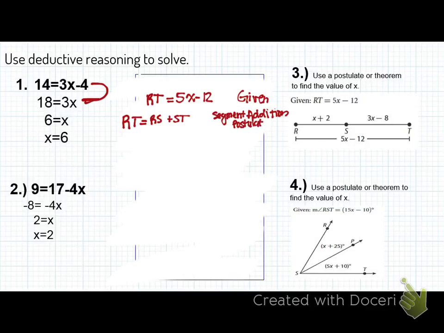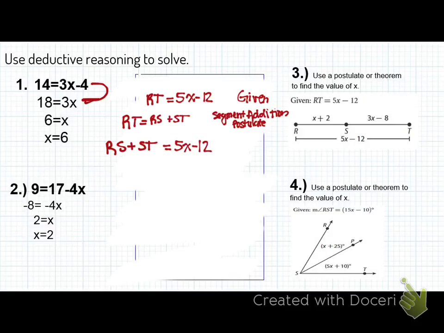Now, I'm looking at this and I'm saying, if RT is equal to RS plus ST, couldn't I substitute the original RT with RS plus ST? You see how I substituted RT for RS plus ST here? And I'm bringing the original equation down is equal to 5x minus 12.